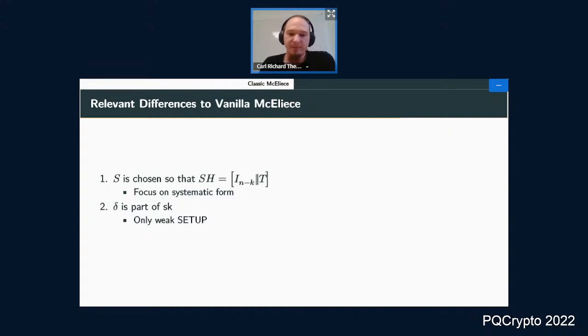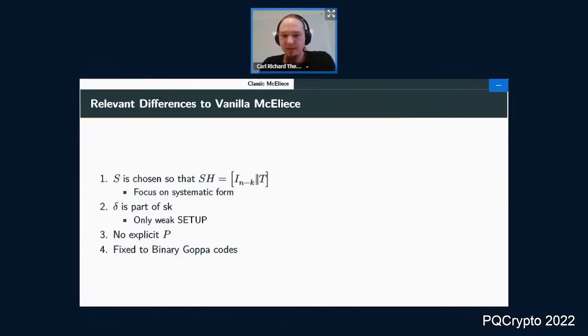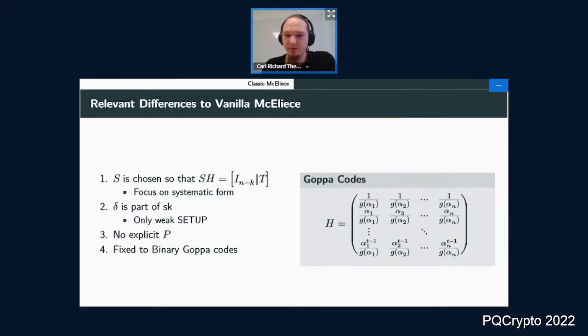Furthermore, there is no explicit permutation P. But this is not a problem because the submission also fixes the code to binary Goppa codes. If we have a short look at them, the only important things to notice are that we have two different types of values: this G, the Goppa polynomial, which is the same for all columns, and these alphas, the support of the code, which are each only relevant for one column.